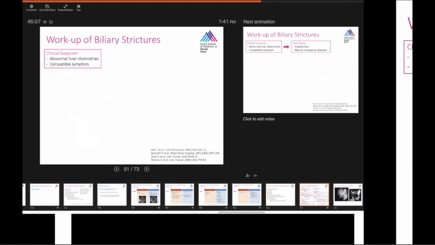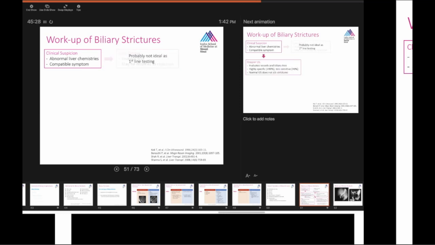Now, how do you work up the biliary stricture? So someone comes in with abnormal liver chemistries, maybe compatible symptoms. Maybe in some people they will automatically proceed with a liver biopsy. The problem is it's invasive, and if you have a biliary obstruction, you'll have portal inflammation, and so that could be misread as rejection.